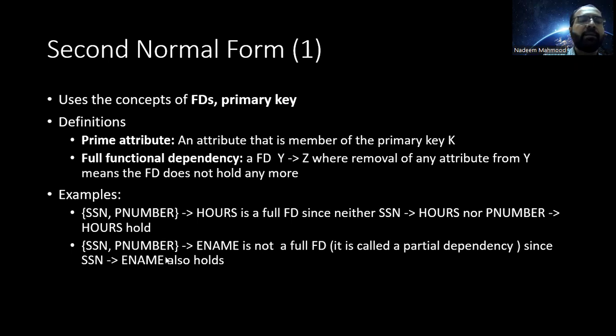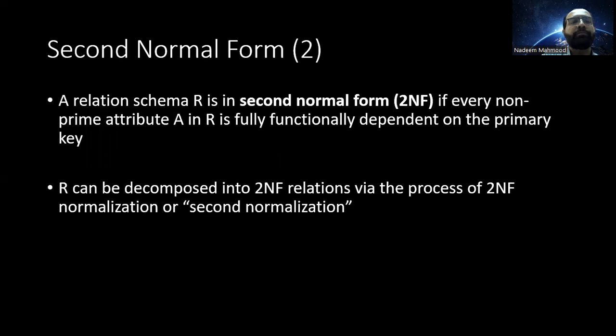But in the second example, you can see that the dependency given is SSN, P number implies ename, which is not fully functionally dependent. Why? Because ename is dependent on SSN, not the P number. So it is dependent on part of the key, not the full key. That is basically the essence of second normal form.